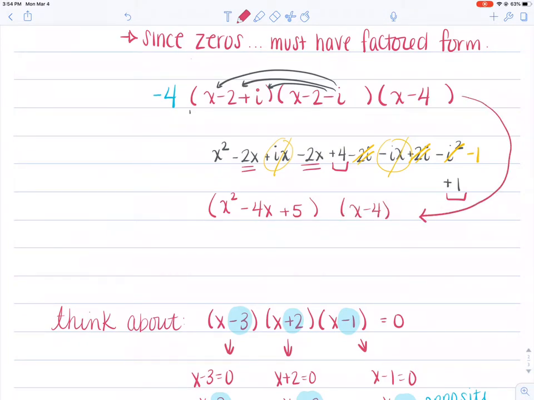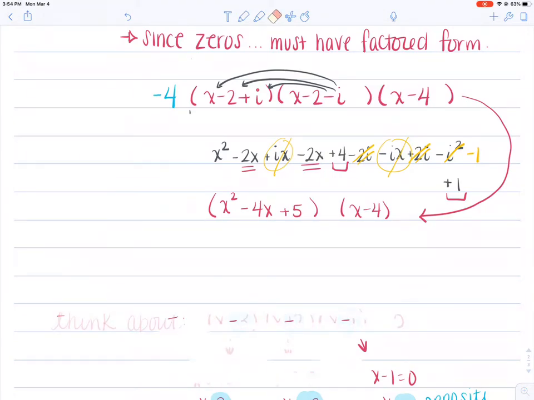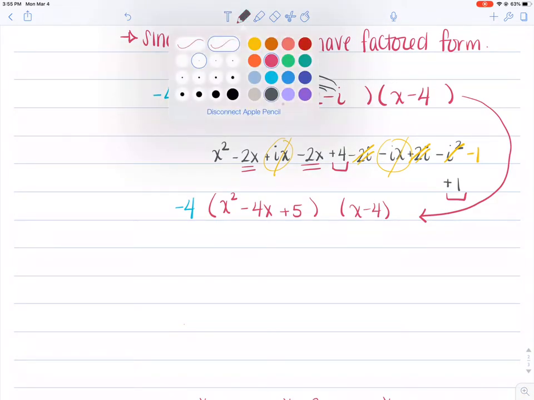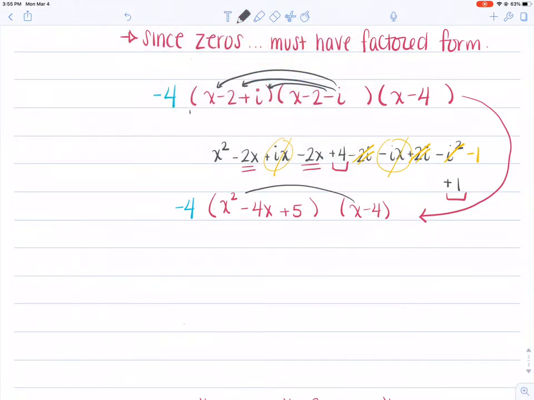Now I'm going to multiply by that x minus 4 from up there. So now I have a trinomial times a binomial, so I'm going to do the same thing again. And don't forget I still have that negative 4 in front, which can't get multiplied until the end. So I'm going to multiply x times x squared, which will give me x to the third. x times negative 4x, negative 4x squared, x times 5, 5x.